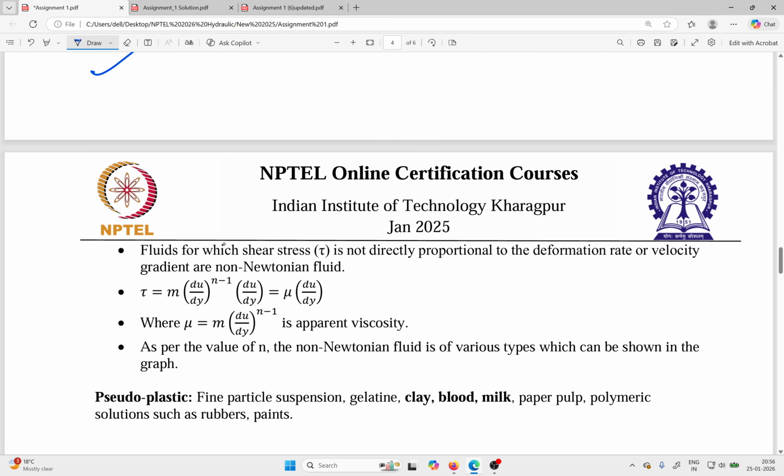So fluids for which the shear stress tau is not directly proportional to the deformation rate or velocity gradient are non-Newtonian fluids. Okay, means directly proportional to n. Means it may be n minus 1.